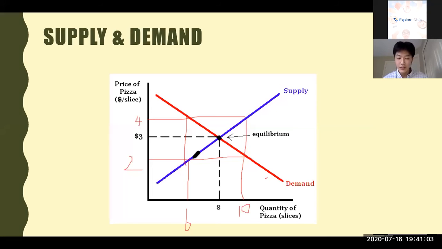And he can make $4 for each of the pizzas, but that is still not the best option. Only in the equilibrium in which the supply and demand curves meet will both sides be the most happy, because one side makes the most profit and the other side saves the most money.